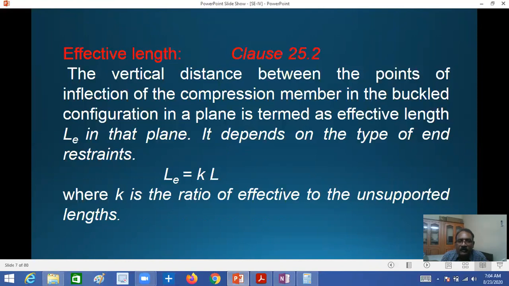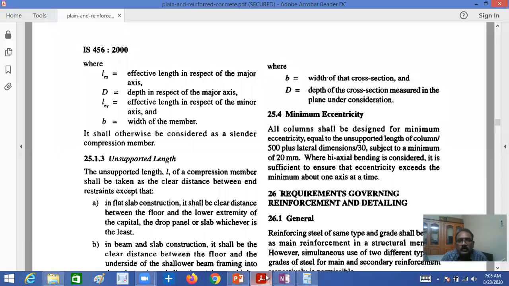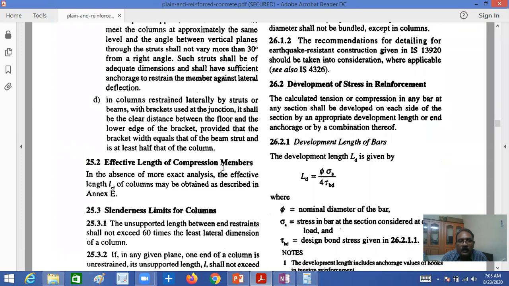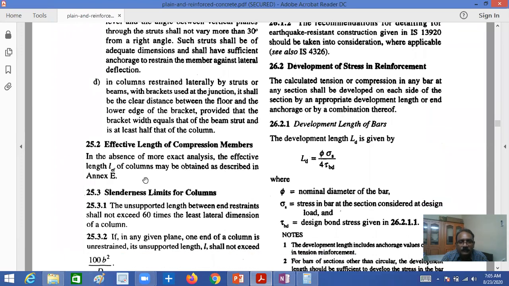It depends upon the type of end restraint. This is clause 25.2, where K is the ratio of effective length to the unsupported length. So here LE is equal to K into L. If you see clause 25.2 here, what is effective length?